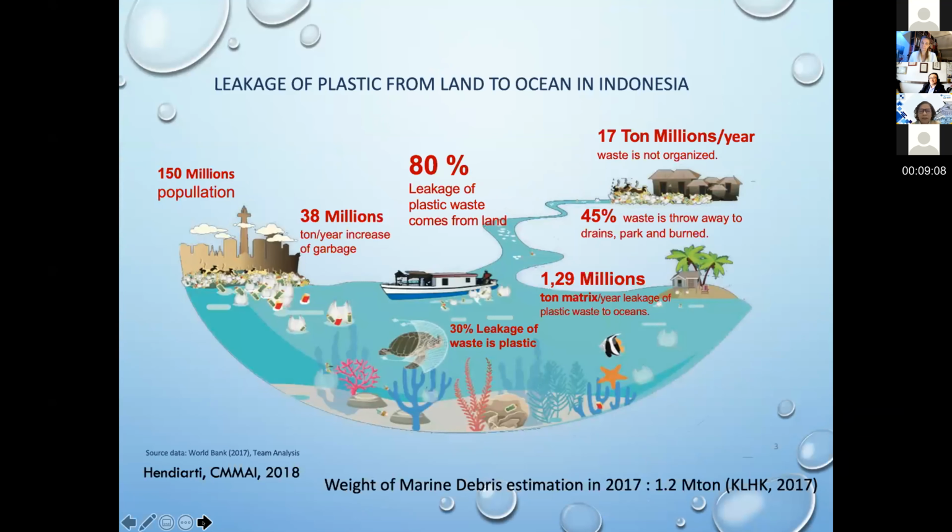So this is information summarized from the Coordinating Ministry of Marine Affairs and Investment. In Indonesia, the leakage of plastic from land to ocean, with a population of about 150 million people, comes from the land, from waste plastic, and also from the ocean, and from drain, park, and burn.